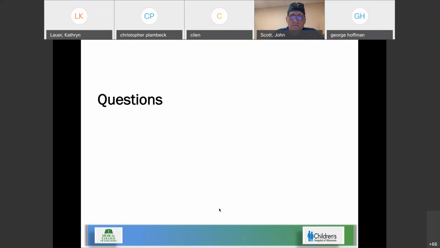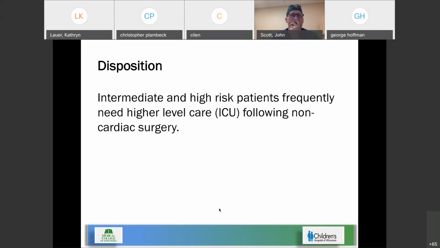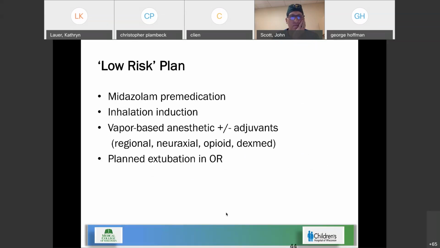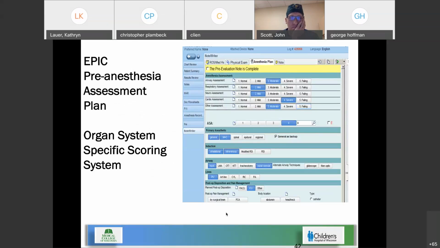Jake, this is Cindy. I just wondered if you could share a bit more detail. You had mentioned assignment of ASA classification and intimated that it was based on a systemic analysis, and I wondered what the algorithm or the science was behind it, or is it strictly based on the ASA definition of the classifications? It's based on the ASA definition, and this is the slide I was talking about.